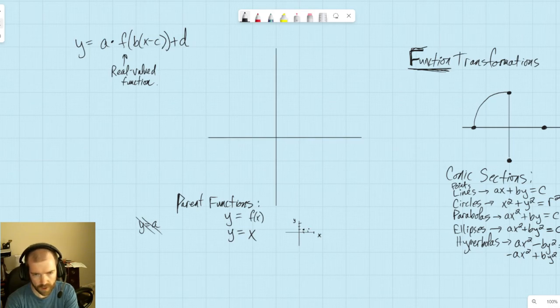So 1, 1, 2, 2, 3, 3, 4, 4, 5, 5, etc. And then naturally going in the other direction, I'm going to get -1, -1, -2, -2, -3, -3.